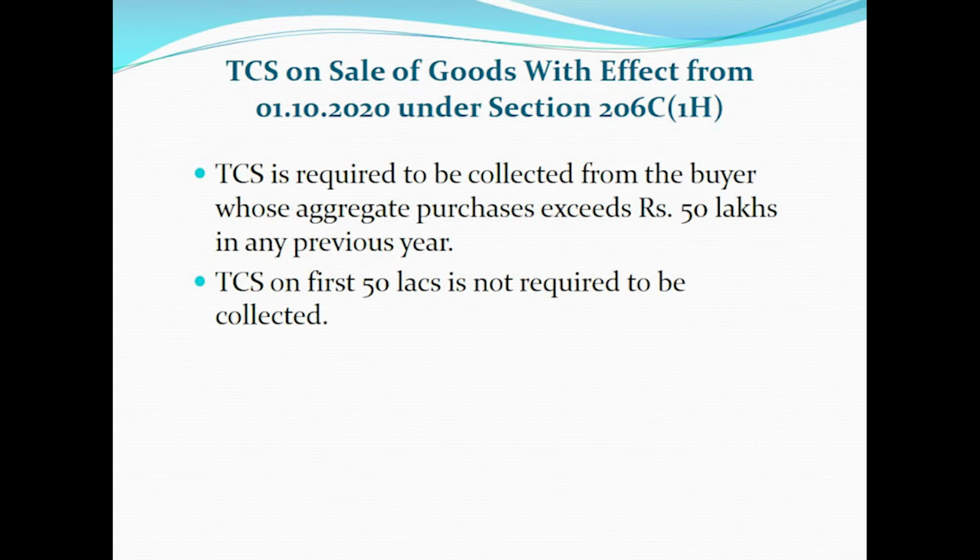Continuing with TCS on the sale of goods, under the newly inserted section, TCS is required to be collected from a buyer whose aggregate purchases exceed rupees 50 lakhs in any previous year, and TCS on the first 50 lakhs is not required to be collected, which means the ceiling limit for TCS is 50 lakhs.